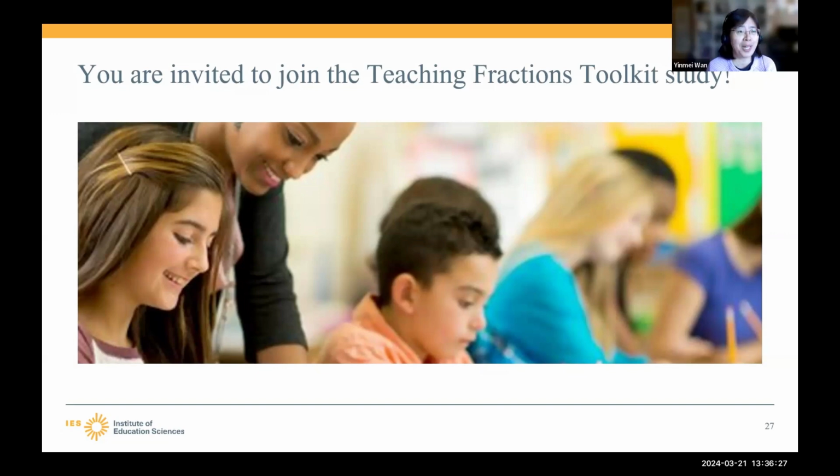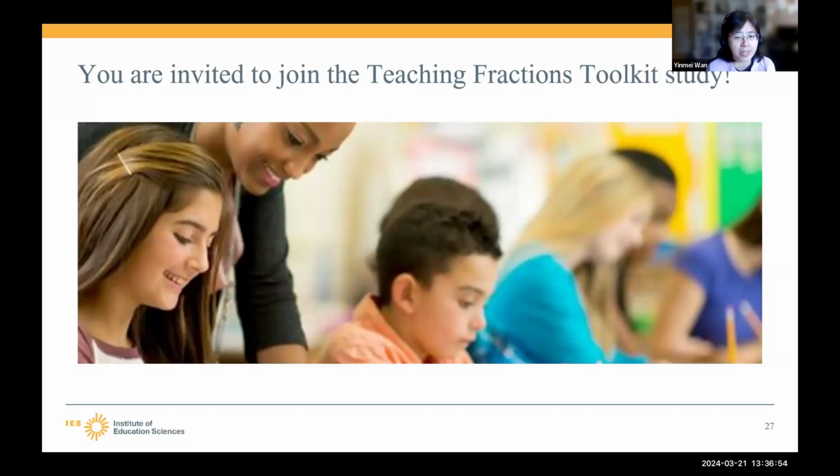But by participating in the study, schools and districts will have an opportunity to gain early access to the toolkit and start to use it now to improve teacher instruction and student learning. We expect to be working with about 40 schools for the study.